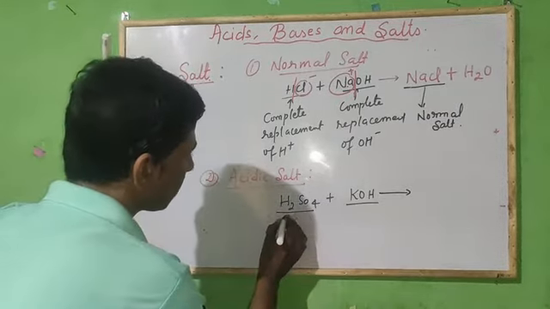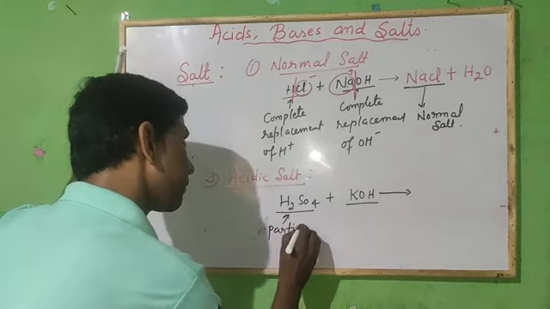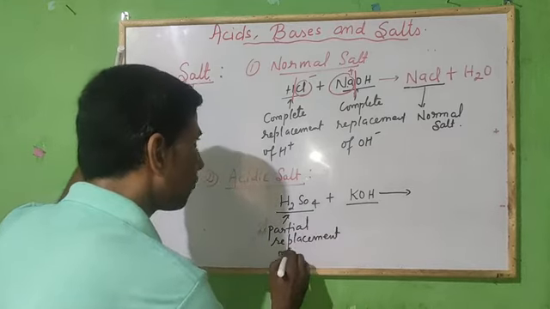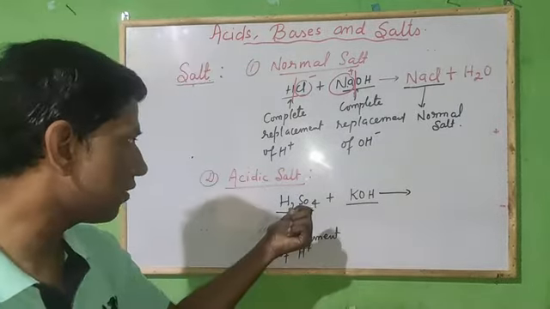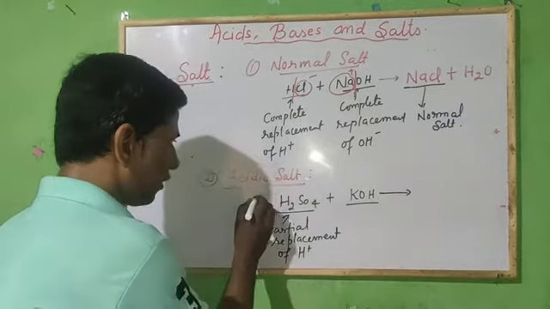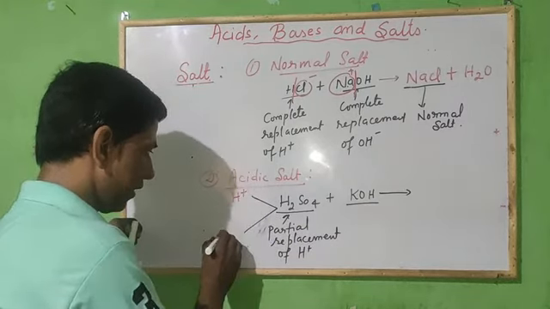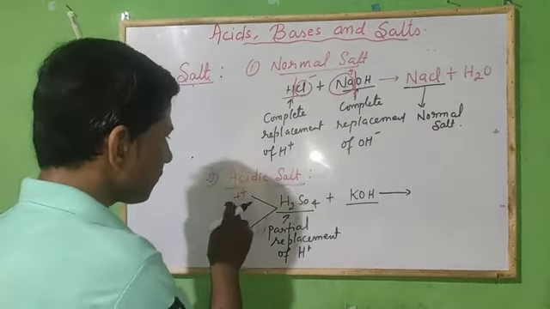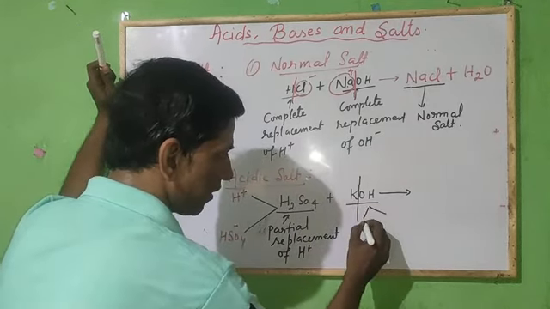So it will be incomplete, or you can say partial replacement of H plus ion. H2SO4 replaces only one hydrogen, so the ion formation will be like this: H plus and HSO4 minus. Clear? And the base gives two ions, K plus and OH minus.